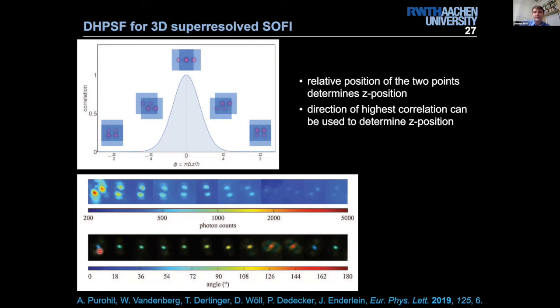This gives exactly the same data. And therefore now the goal is to see nice objects with the double helix and to do SOFI with this. Peter Dedecker and Jörg Enderlein's group are working on this, and I expect that there will be nice results rather soon.